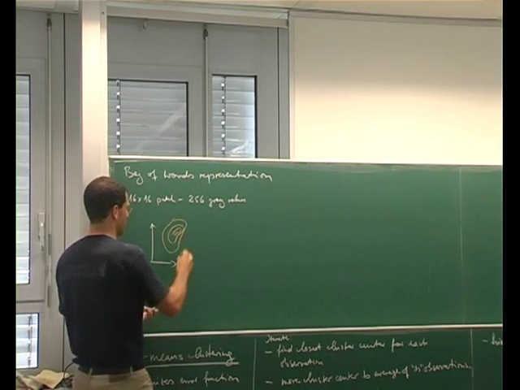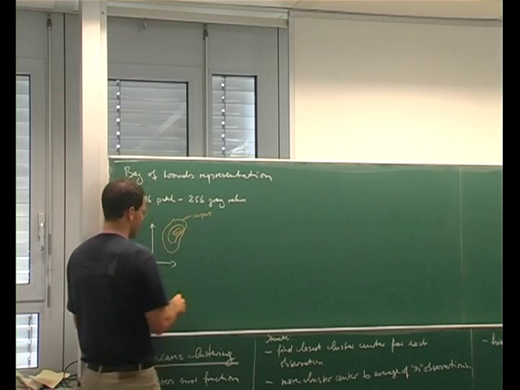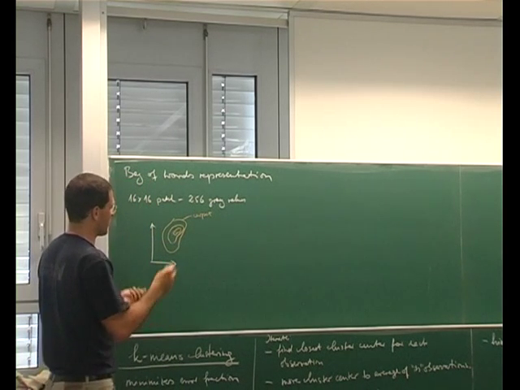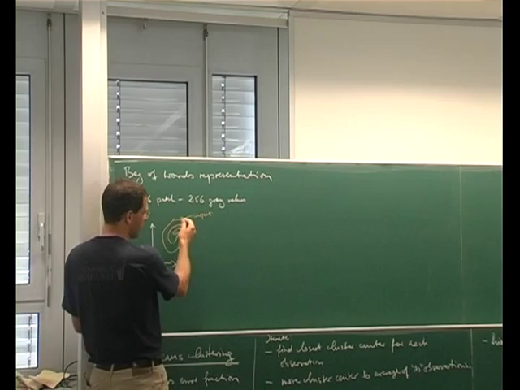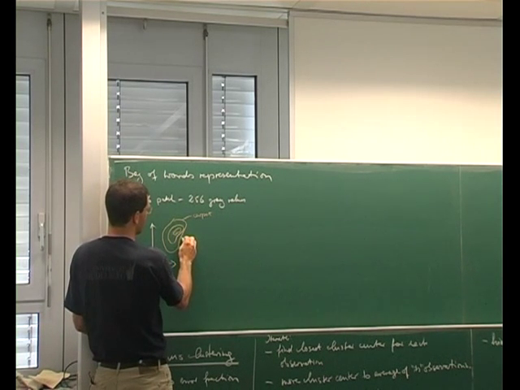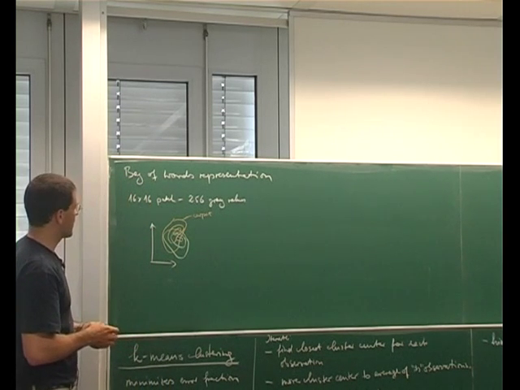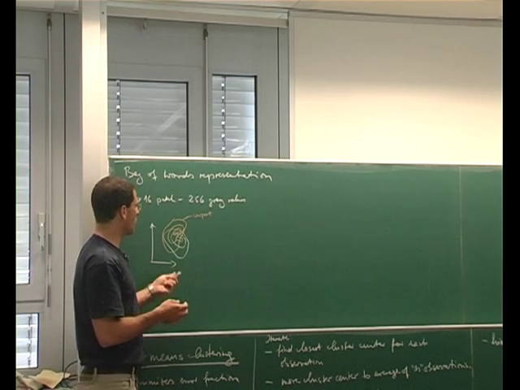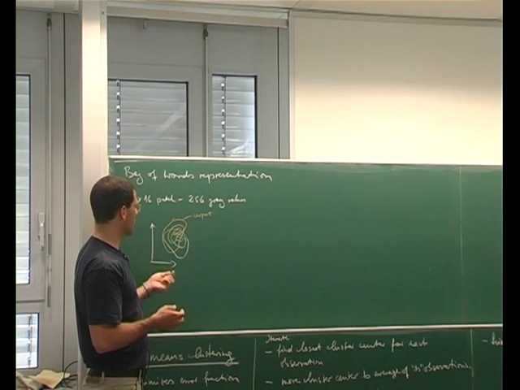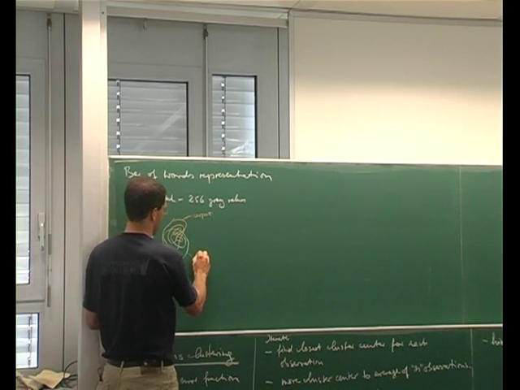So let's say this is for carpet. And then we have images of flowers, and the patches that show flowers have a different distribution in this space. And this we know from a training set.